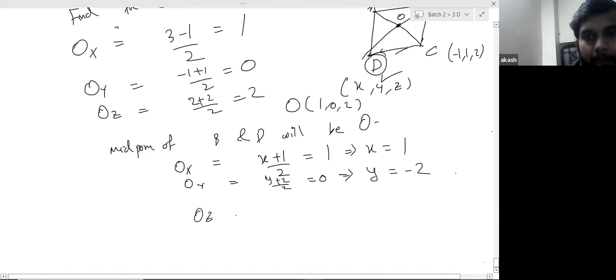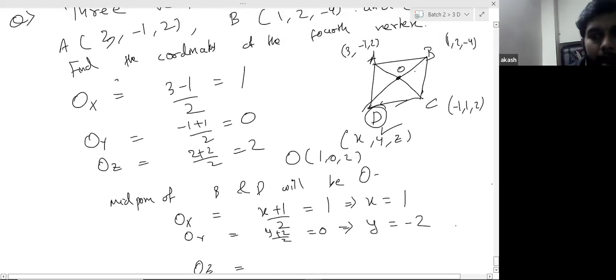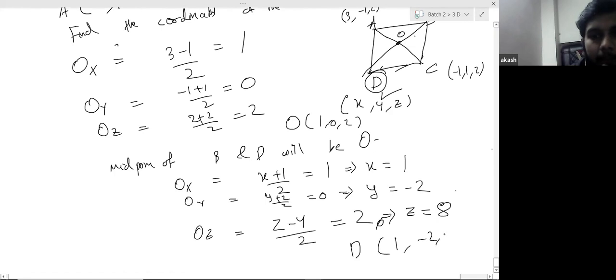And OZ will be, z coordinate is minus 4. So z minus 4 upon 2 will be equals to 2. So this implies z is equals to 8. So the fourth coordinate D is 1, minus 2 and 8. Is it clear, everyone?